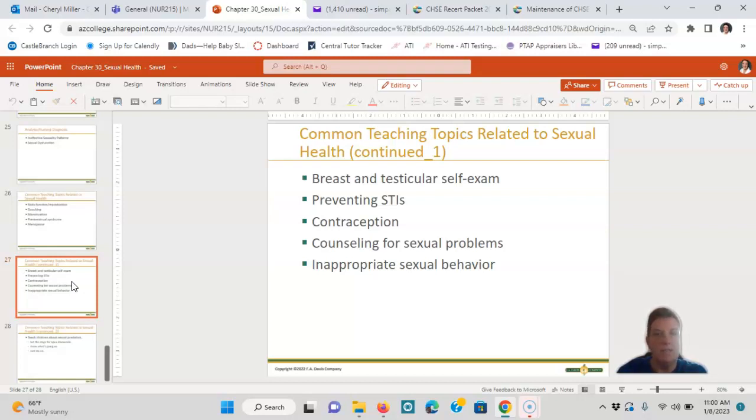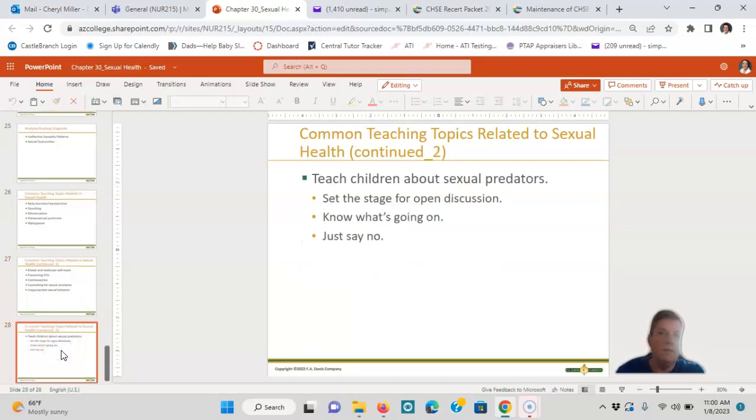They love to put that on the NCLEX, specifically testicular, because we don't really spend a lot of time talking about it. Also prevention of STIs, contraception, counseling for sexual problems, and inappropriate sexual behavior. So you may or may not see that in clinical as well. So just being aware. The contraception and STIs will come back to haunt you in OB. It's always on the OB tests.